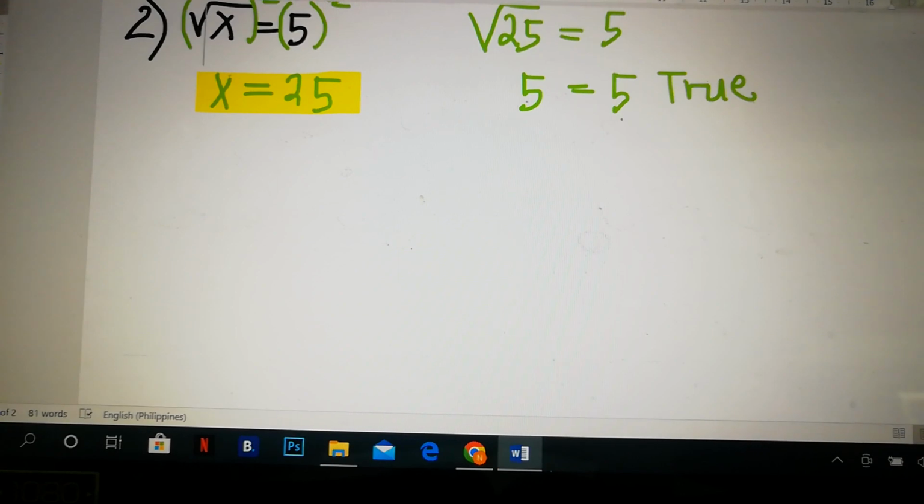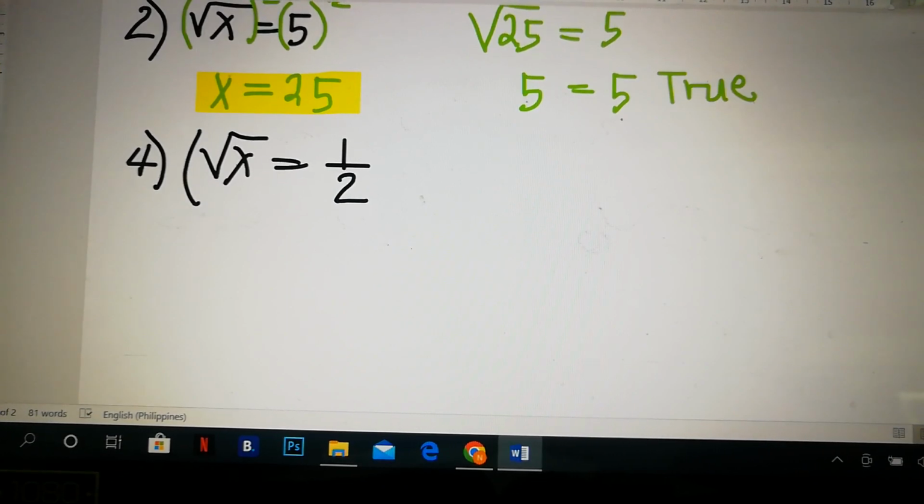Next, number 4. Square root of x is equal to 1/2. Since the index of the radical is 2, you need to square both sides of the equation to remove the radical.